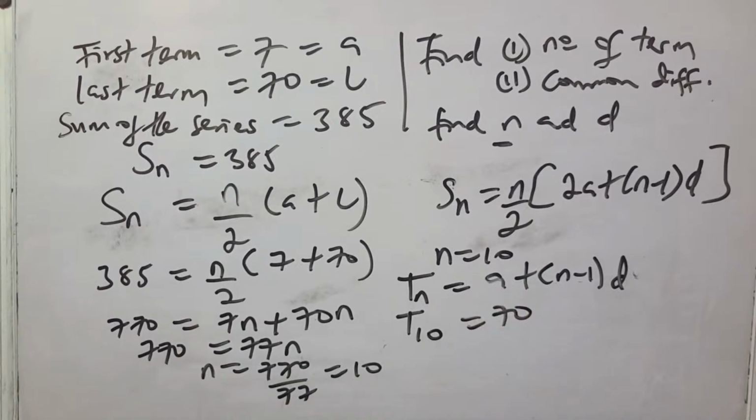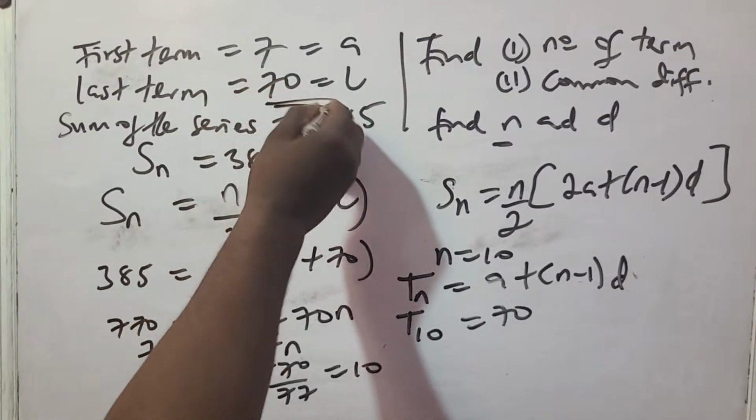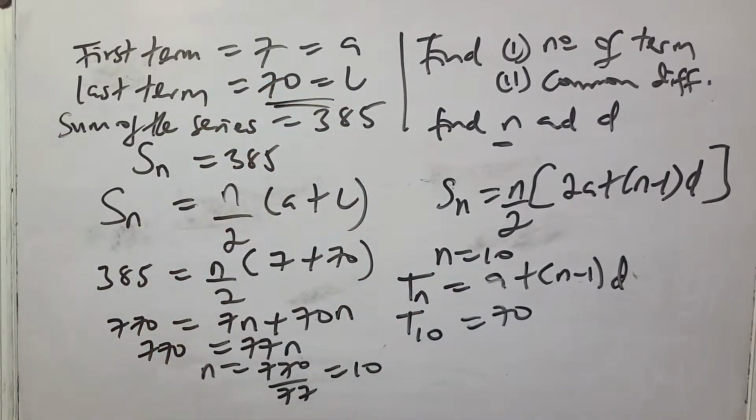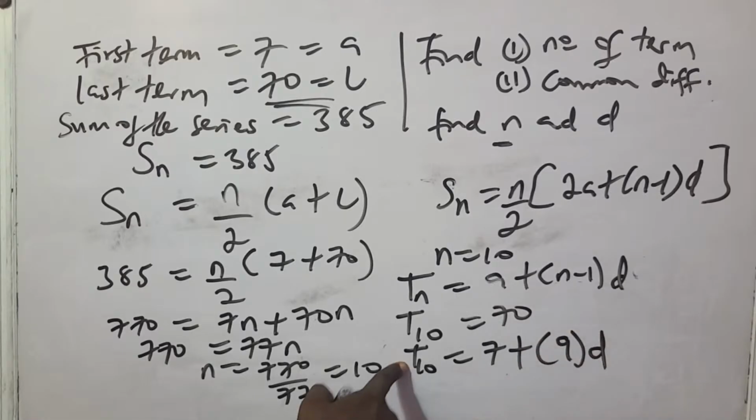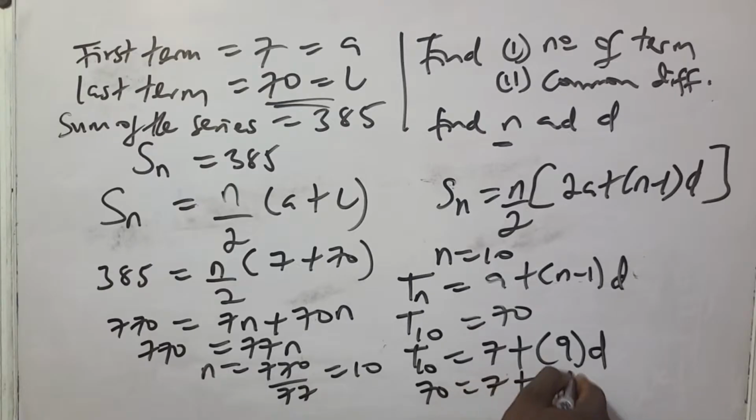In this case, I can say my t10 equals a, I know my a to be 7, plus n minus 1, that will be 9 times d. And I know my t10 is 70. That will be 70 equals 7 plus 9d.